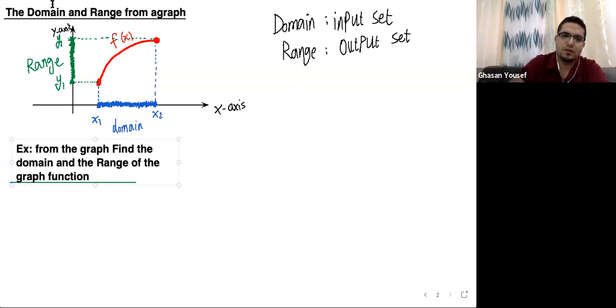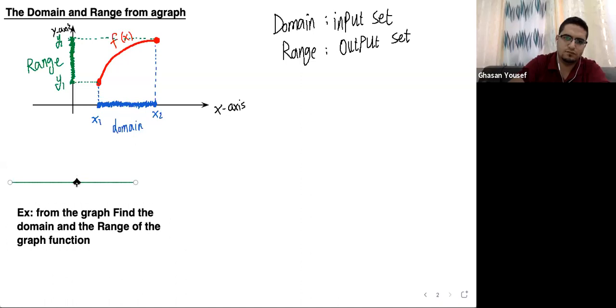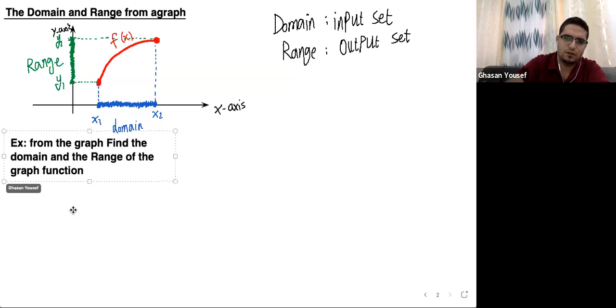Okay, so I'm going to graph the function here. So this is the graph here.